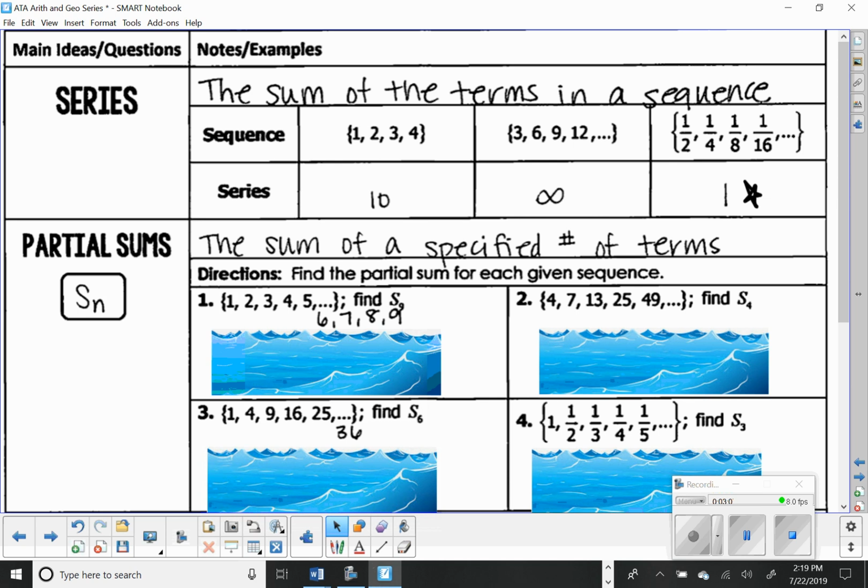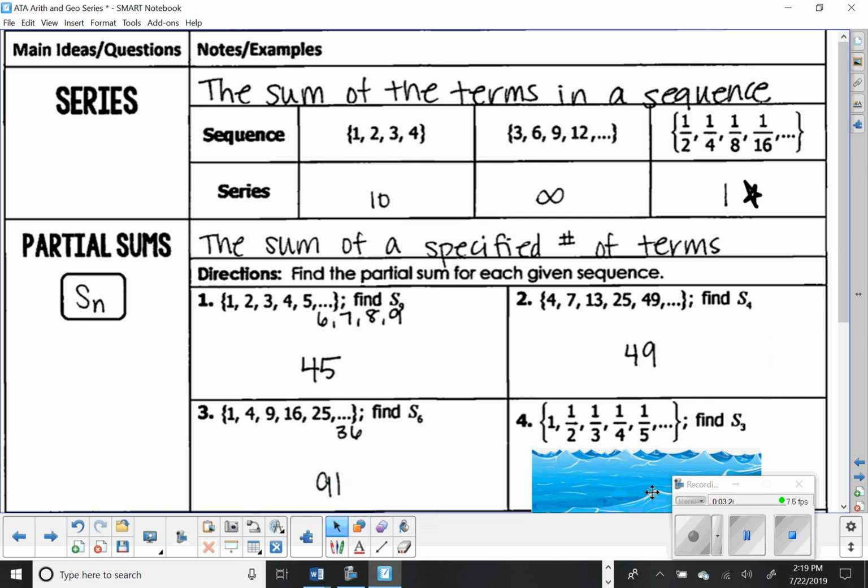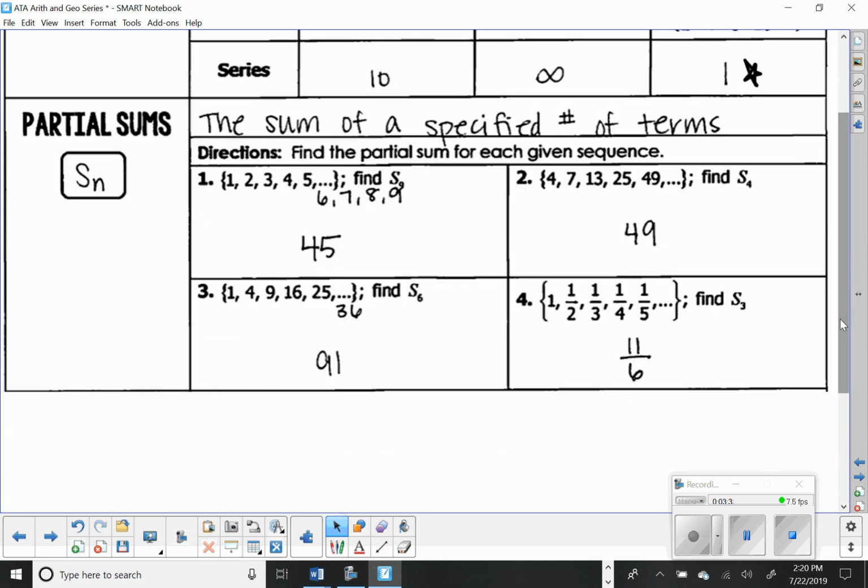So go ahead, pause the video and try 1, 2, 3, and 4. And numbers 1 and 3, I did sort of finish out the sequence for you. You brought it back? Great. 45, 49, 91, 11 over 6. Ooh, 11 over 6. How did you get that? Well, if you got a calculator, not a big deal.